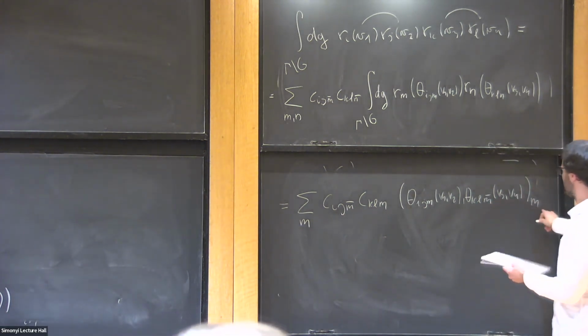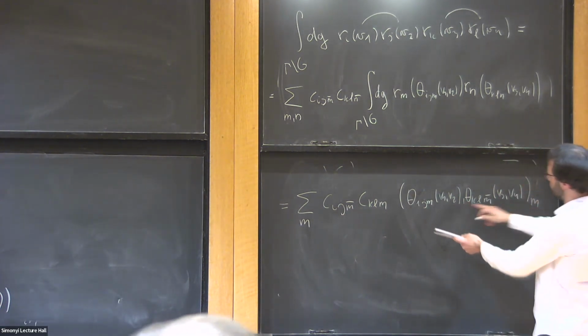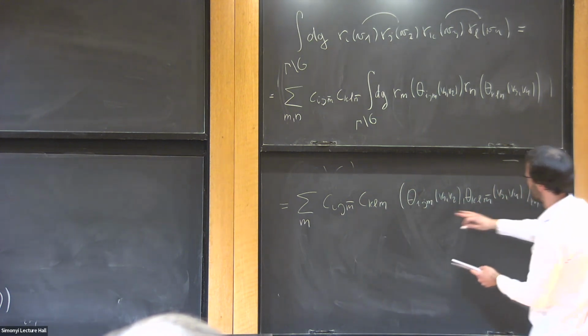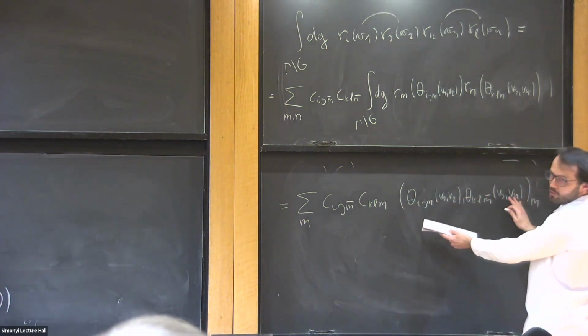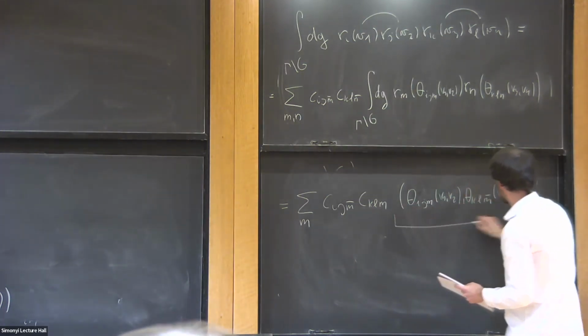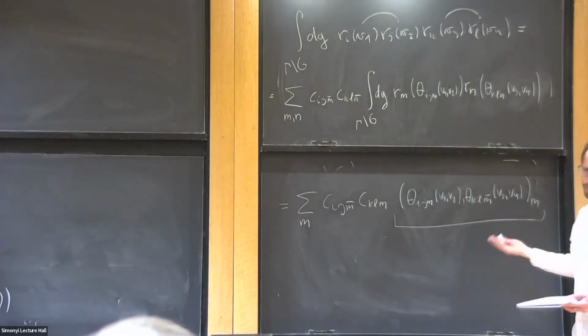This is just the canonical pairing between the representation and its dual. So all these things are defined purely abstractly without referring to the surface, and this object doesn't depend on the surface.